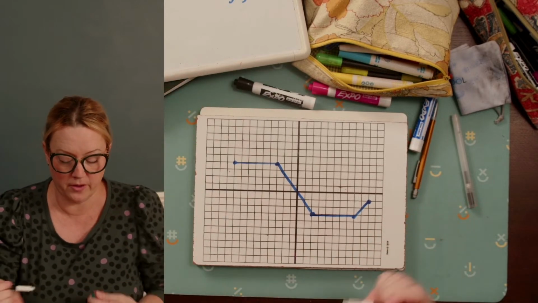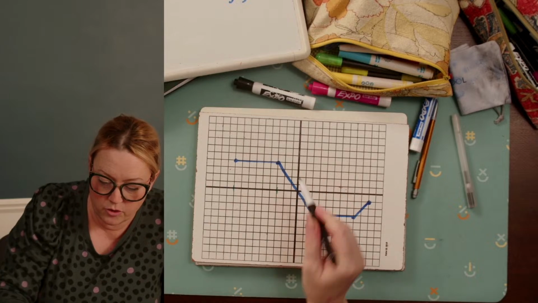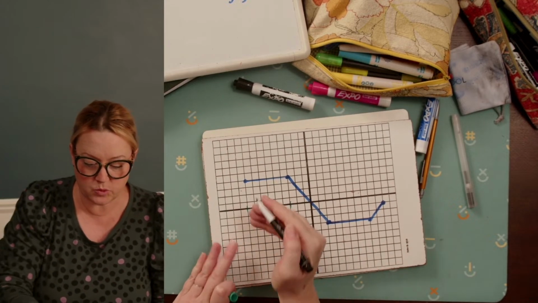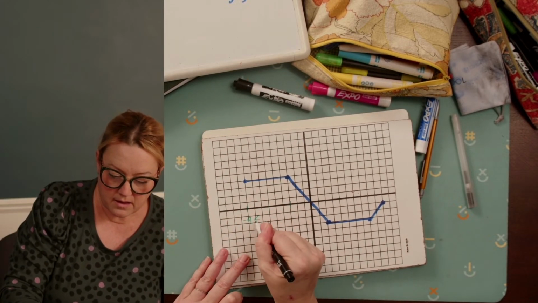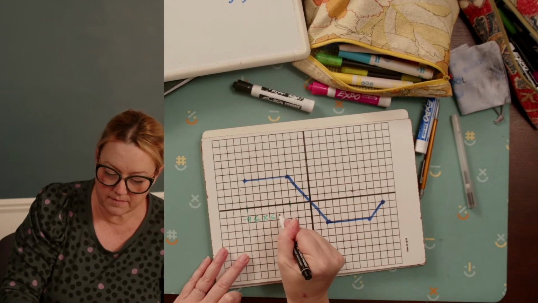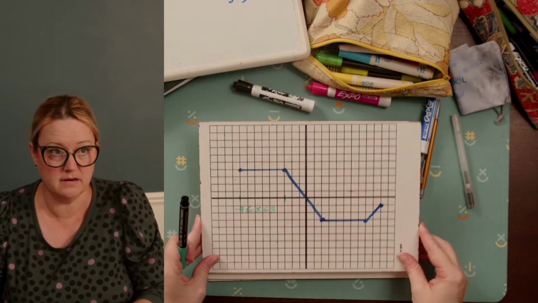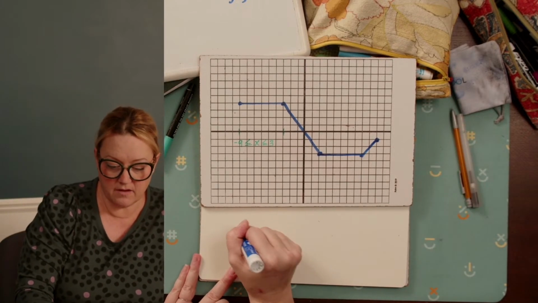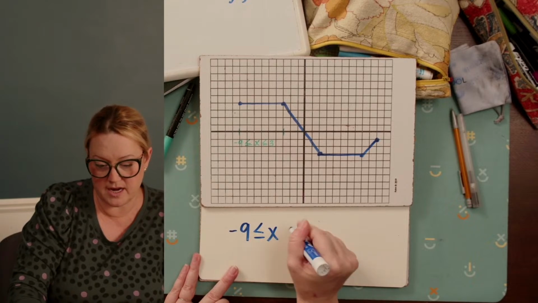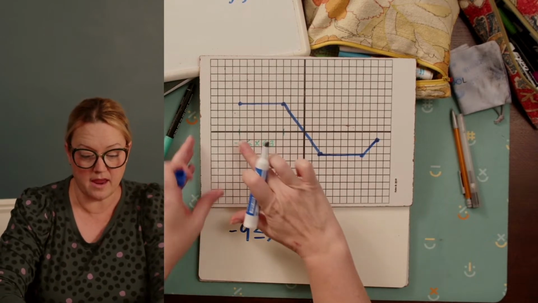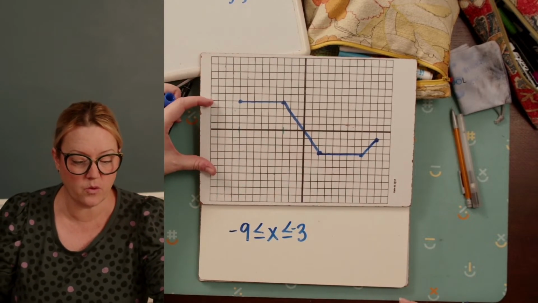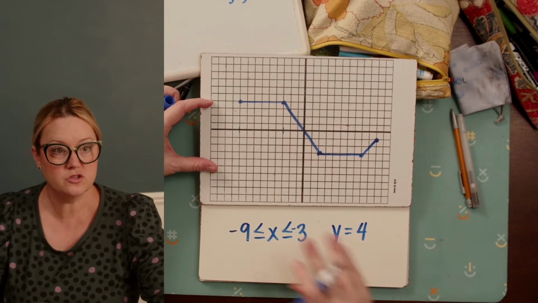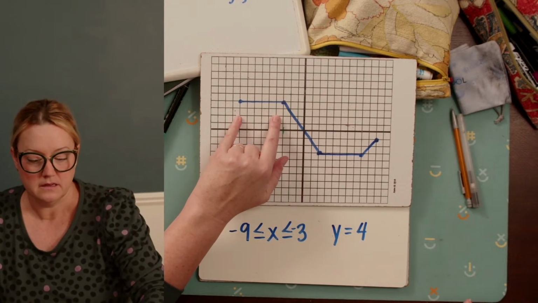So, for example, when x is between -9 and -3, in that spot, it's going to follow the equation of y equals 4. So that's one of the pieces, okay?